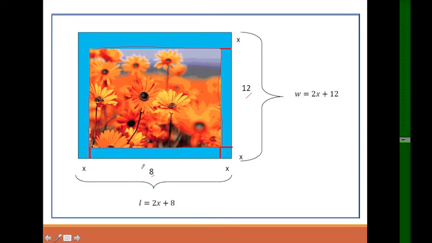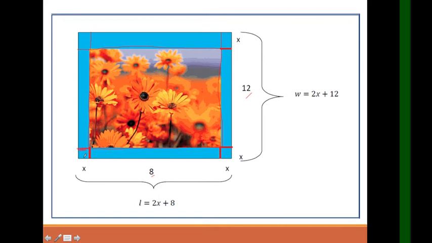And then nag-add sila ngayon ng additional meters here. Hindi natin alam kung ano yung measurement, no? So, let us suppose na yung inadd nila dito sa side na to ay x. So, lahat yan x, kasi pare-pareho lang naman sila ng width, sabi dun sa problem.